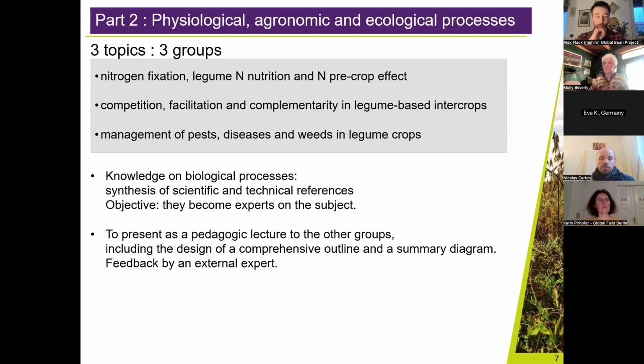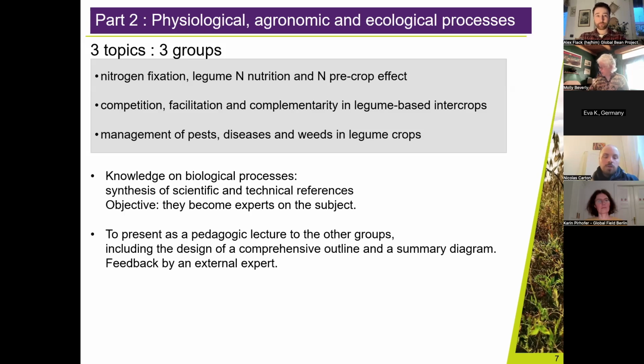So they had to do a synthesis of scientific and technical references, and the objective was for them to become experts on their subject. And then they would present their subject as a pedagogic lecture to the other groups. So they were put in the position of being the teachers for a 30-minute lecture.